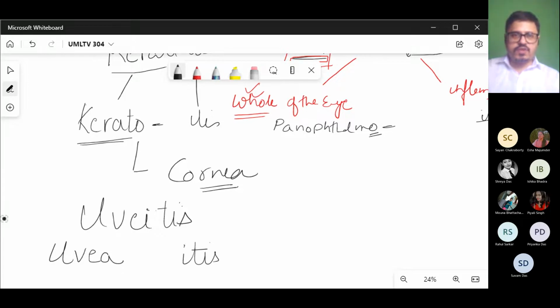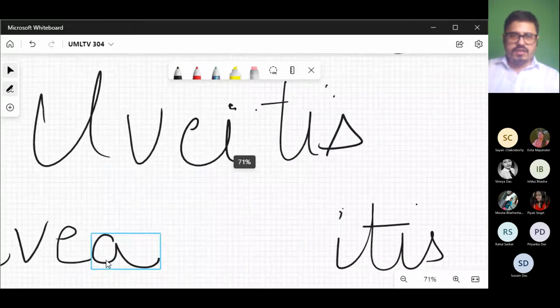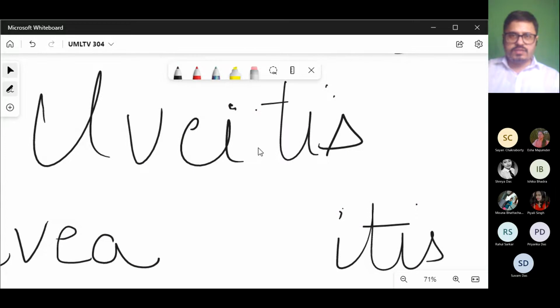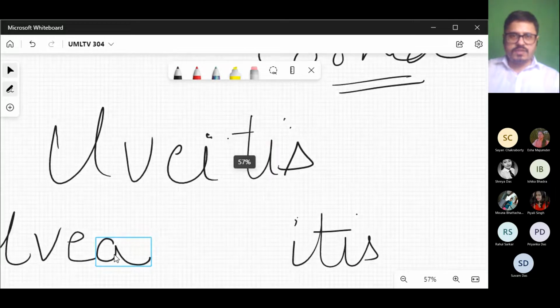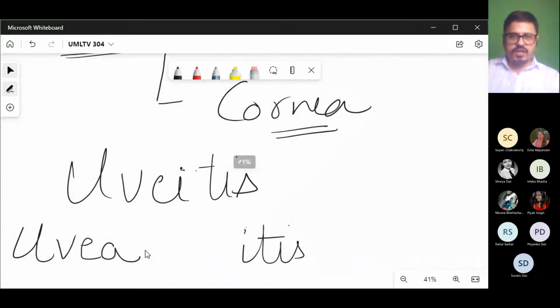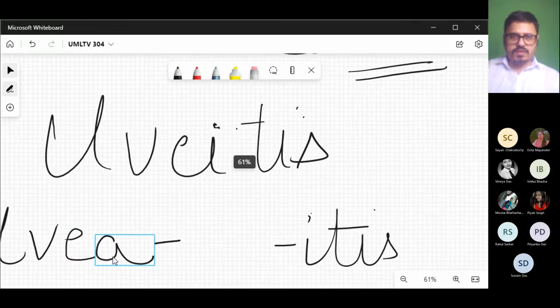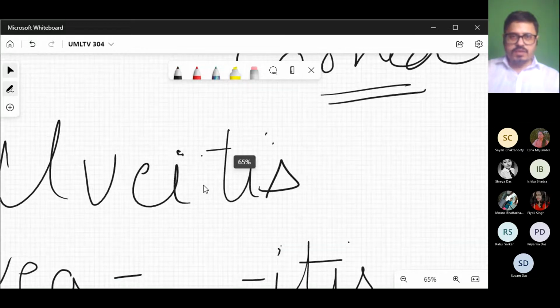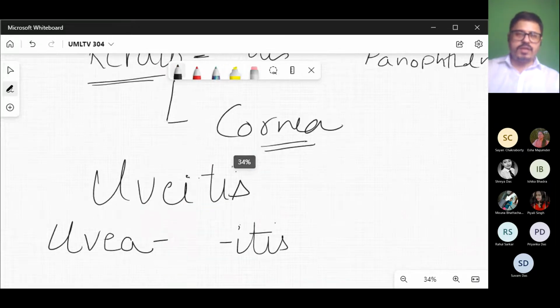So here this A is not present anymore. Notice it. This A that is present at the end of the prefix uvea, this is a prefix, by the way, I should be giving a dash after writing the prefix. So this particular A is absent out here. Noticed it, everybody?